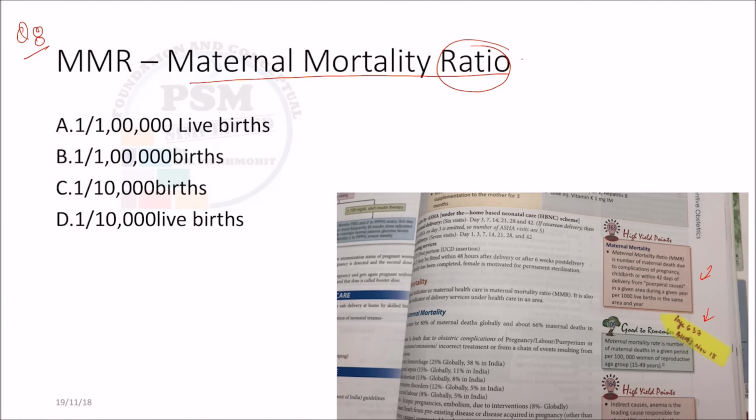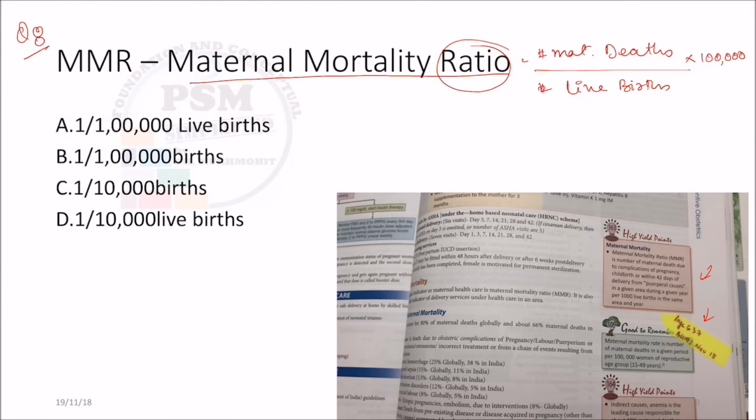Maternal mortality ratio is number of maternal deaths divided by total number of live births, multiplied by 100,000. It could be 1,000 also, but in India we always express it per 100,000.